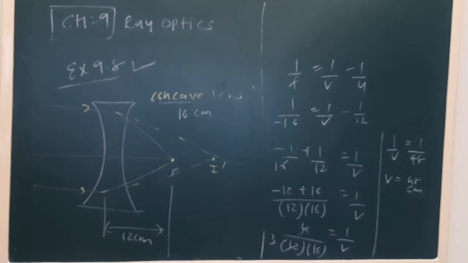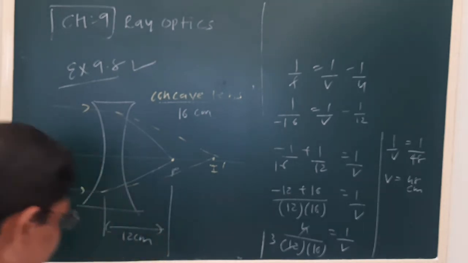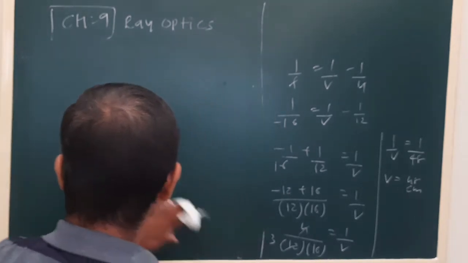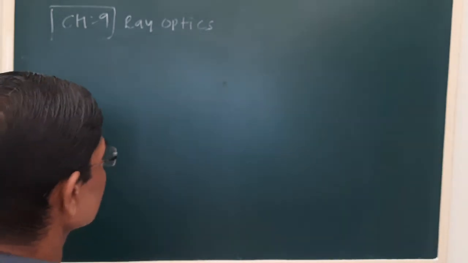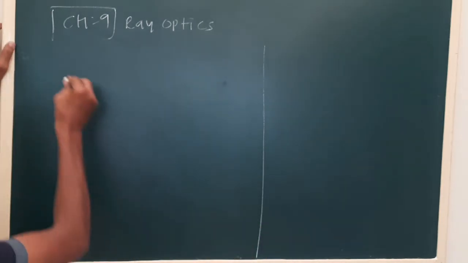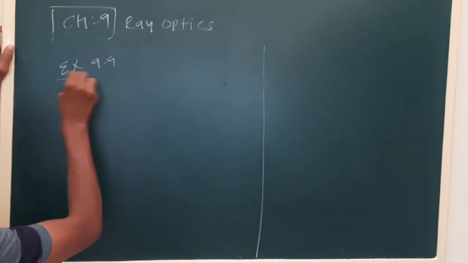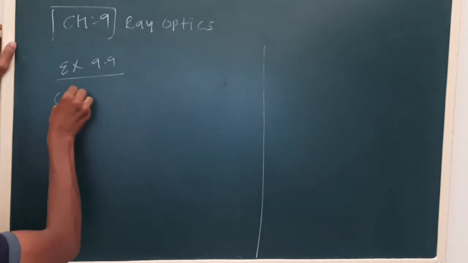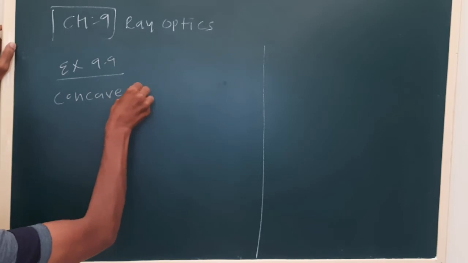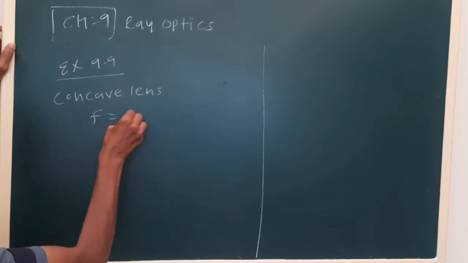Now next is exercise sum number 9.9. See here, in the question a concave lens is given. Focal length is 21 centimeter.